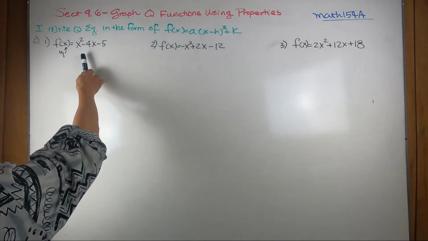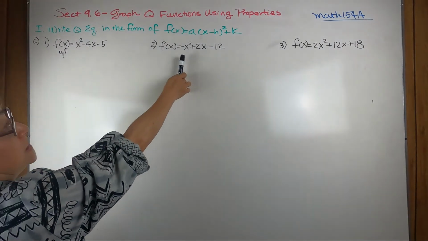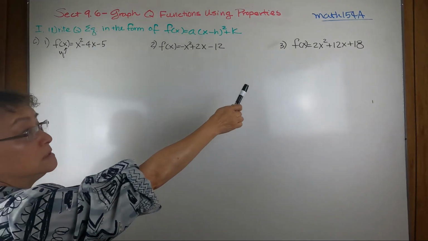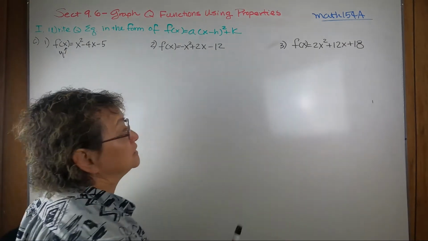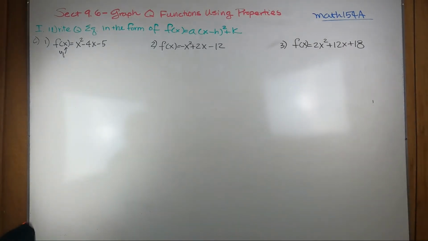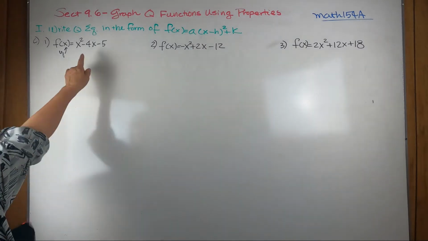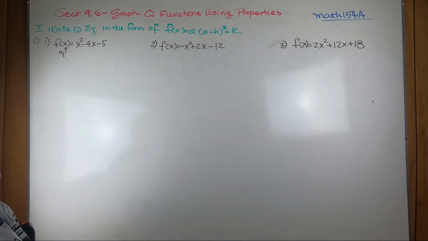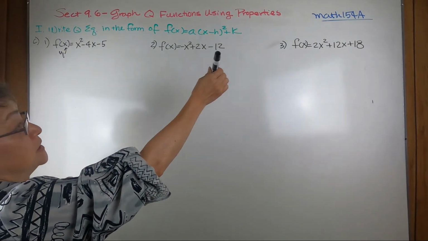This one is just a basic. This one leading with what? Negative number. This one, you have 2 in front of it, right? So this one opens up, this one opens down.